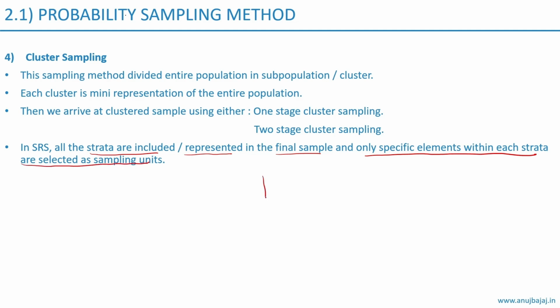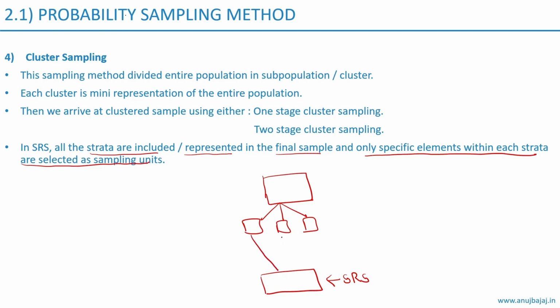That is, suppose this is the entire population, and we divide the entire population into strata. So within the stratified random sample, a few observations from strata 1 are included, a few observations from strata 2 are included, and a few observations from strata 3 are included. So all the strata are represented in the final sample, but only a few elements from each stratum are represented in the final sample.